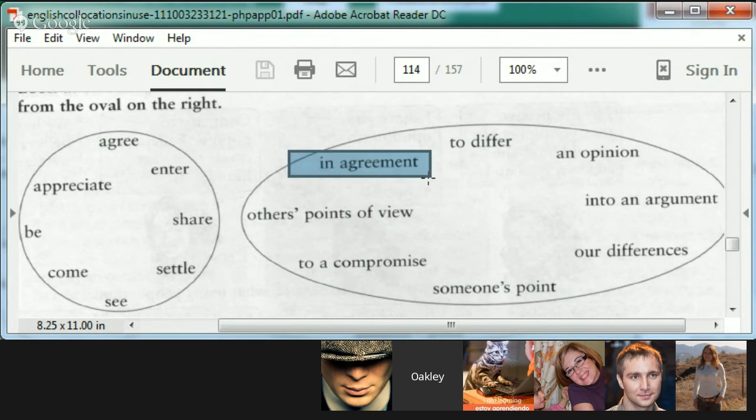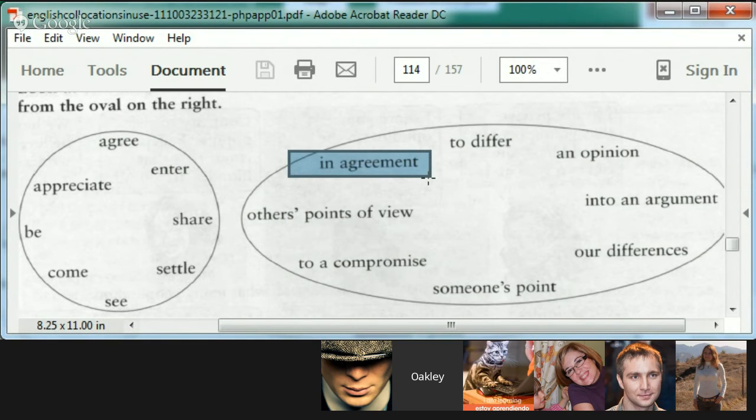Yeah, that's terminology. That phrase is often used for law. We enter into an agreement to start a business, for example. Enter into a partnership or enter into an agreement. Very close in meaning.